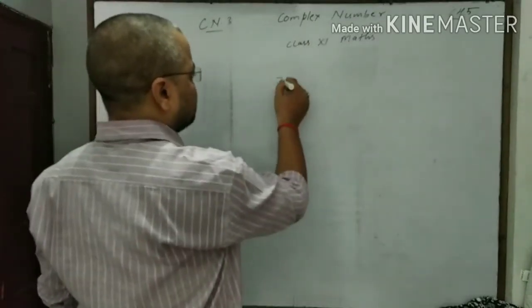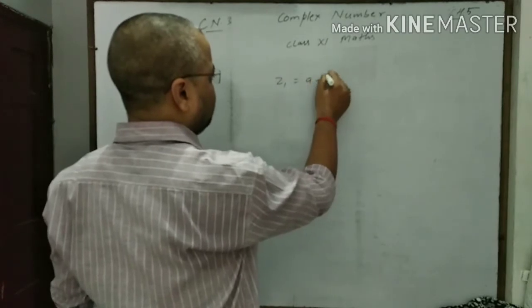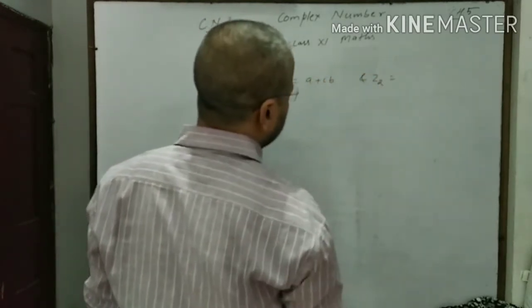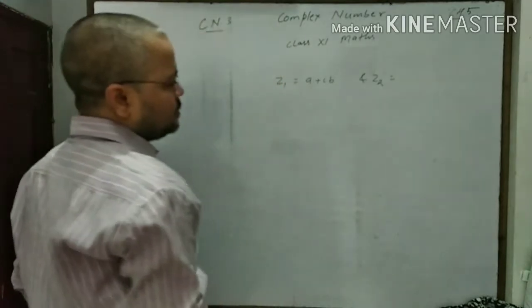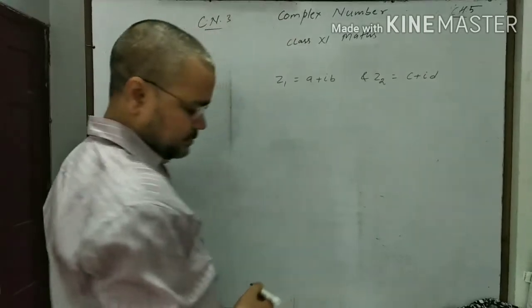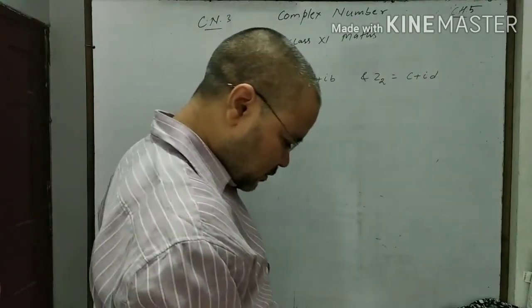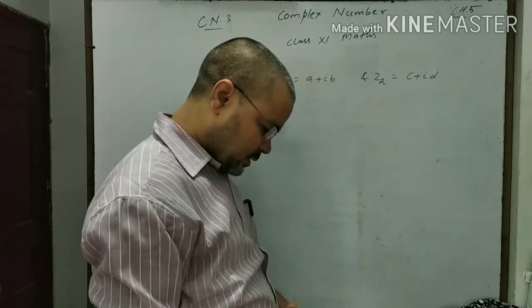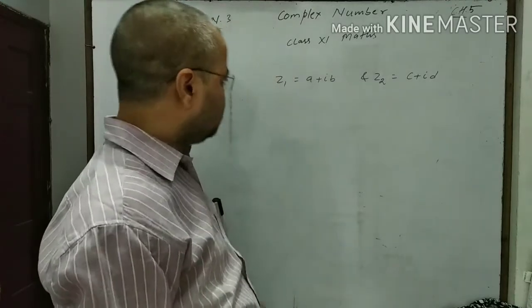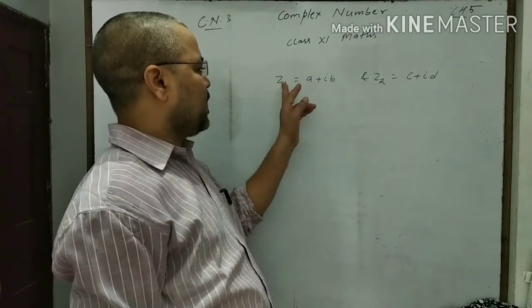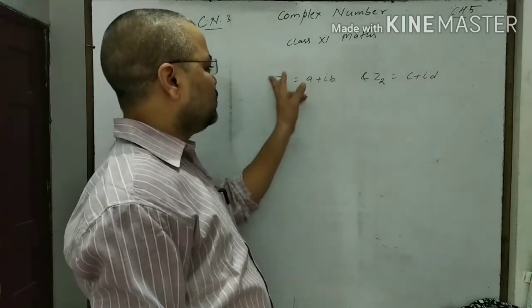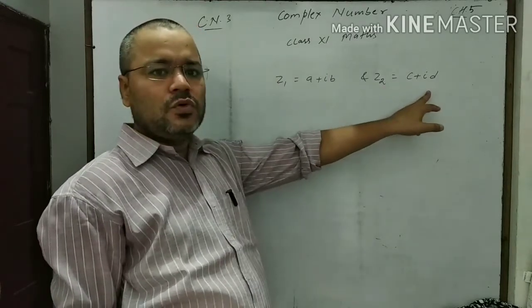If we have two complex numbers z1 as a plus ib and z2 as c plus id, z1 may be 0 but z2 should not be 0.